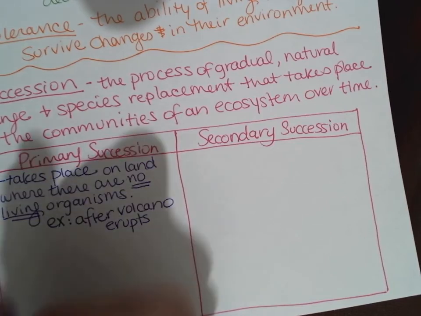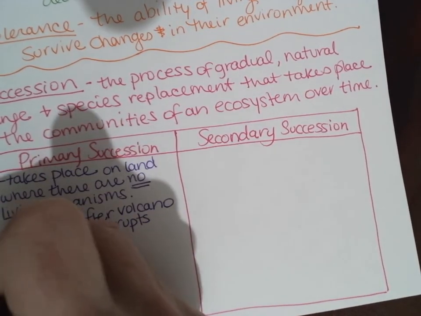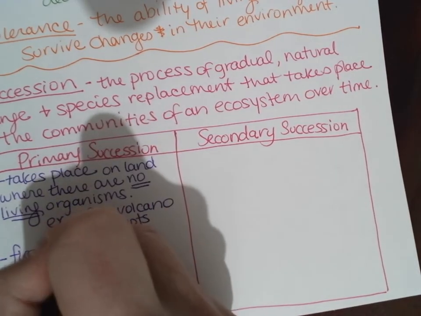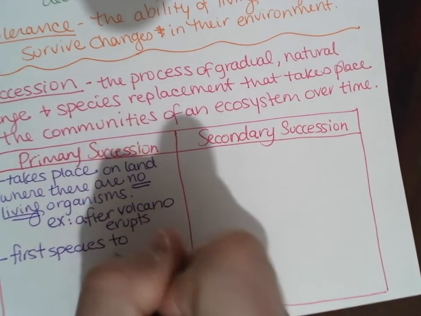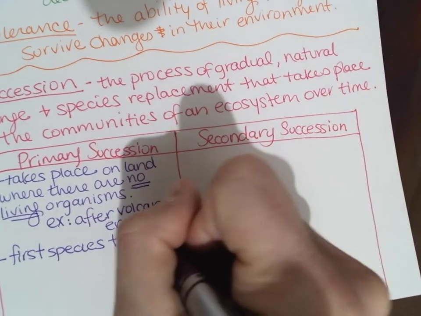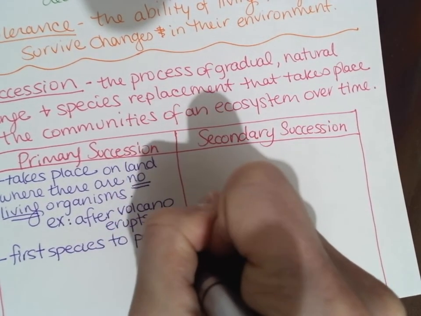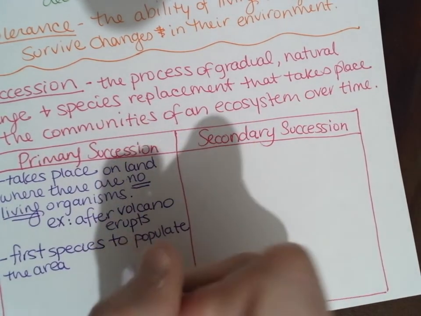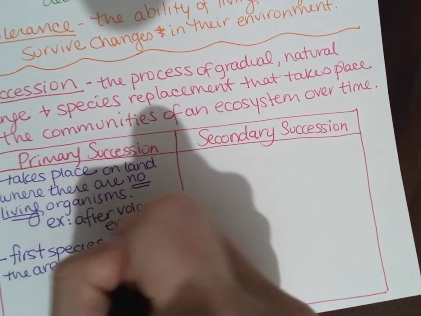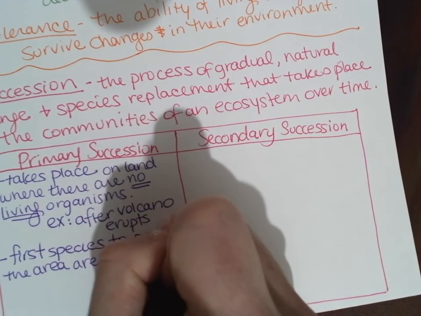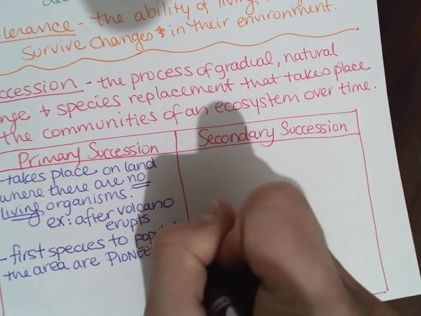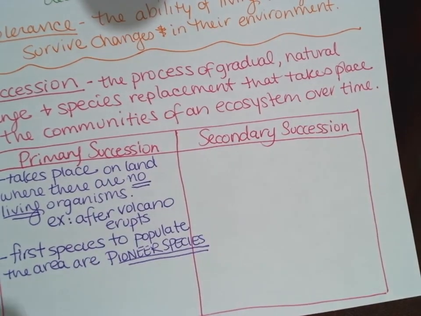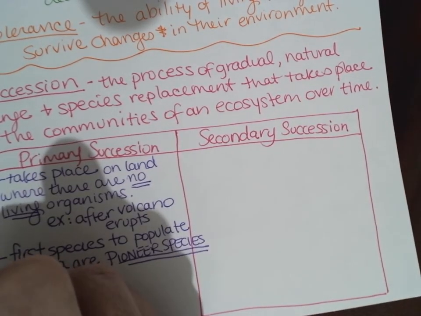So then what happens? So we have something called a pioneer species. The first species to populate the area is called a pioneer species. So what happens with this?